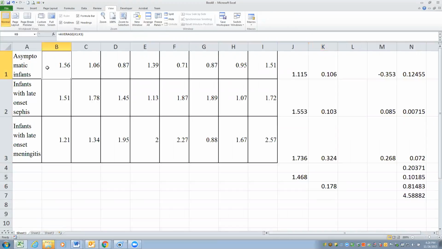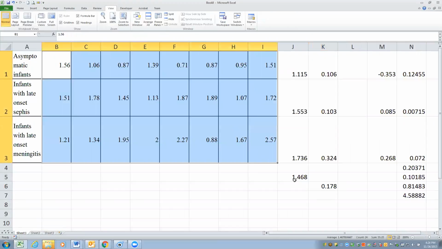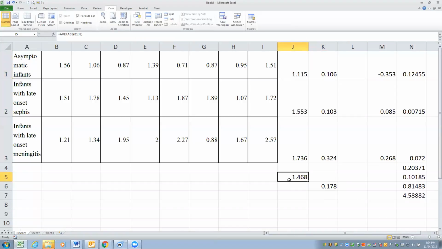The overall average of all of these values was 1.468. So I then took each row average and subtracted off the overall average. If I take 1.115 minus 1.468, that gives me minus 0.353.